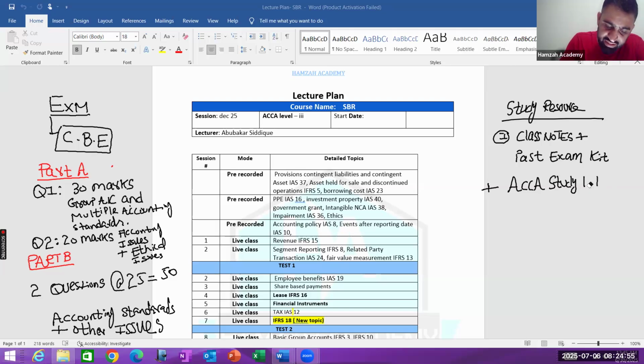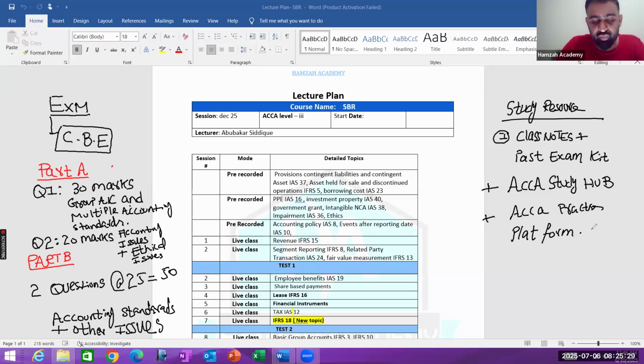You know that ACCA has launched the Study Hub where the books and the kits are also available. So I will be using the Study Hub as well. And along with the ACCA Study Hub, I will also be using the ACCA Practice platform.